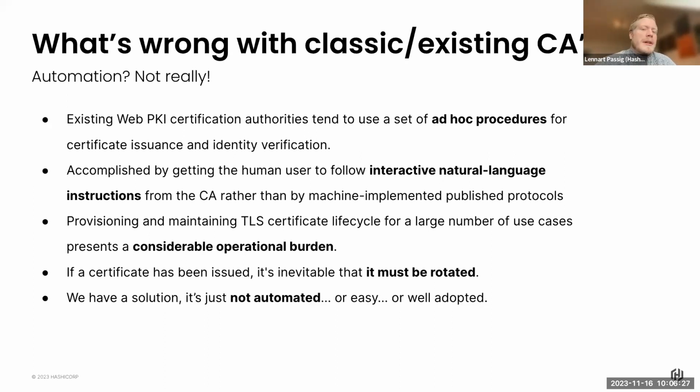So the classical ones are more or less a set of ad hoc procedures that you need to do, right, in order to go ahead and issue a certificate, right? It is really natural language based, right? So it's a lot of manual steps eventually, and managing those certificates from a lifecycle point of view as well becomes a huge burden, right?